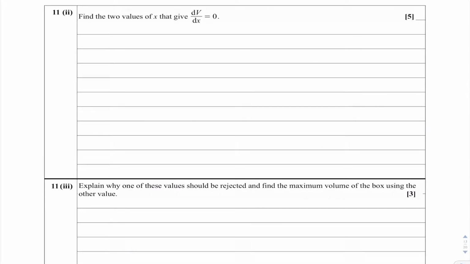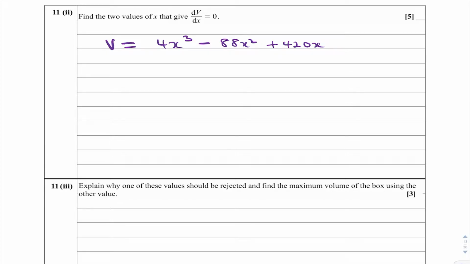Now question 11.2. Find the two values of x that satisfy dV/dx equal to 0. We know V equals 4x cubed minus 88x squared plus 420x.